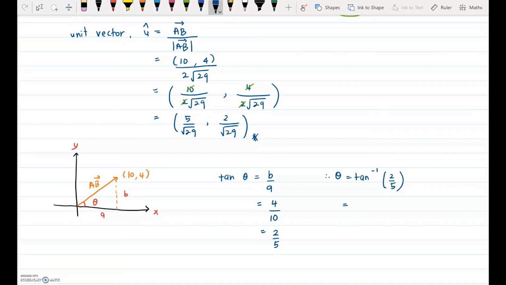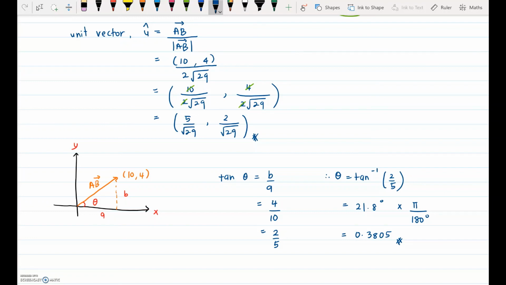When you calculate, you will get 21.8 degrees. Or if you want to write it in radians, you will get 0.3805. So this is the answer for the angle between the vector AB and the positive x-axis.